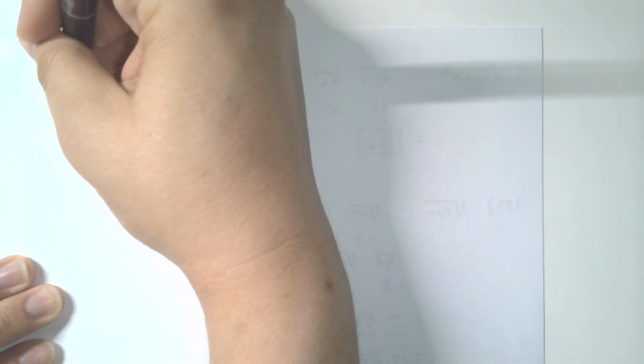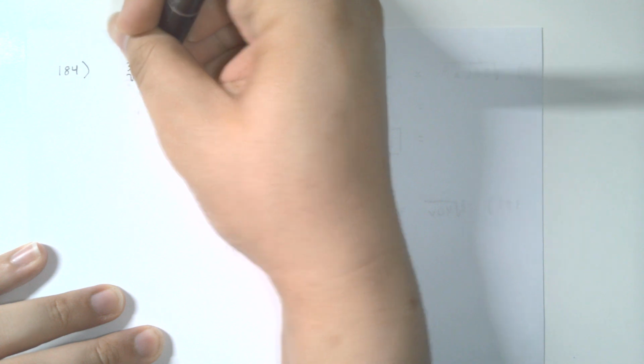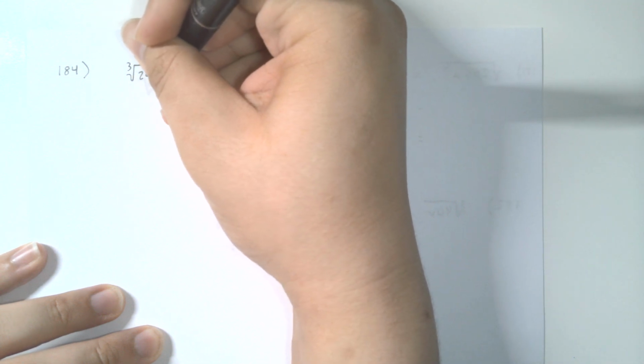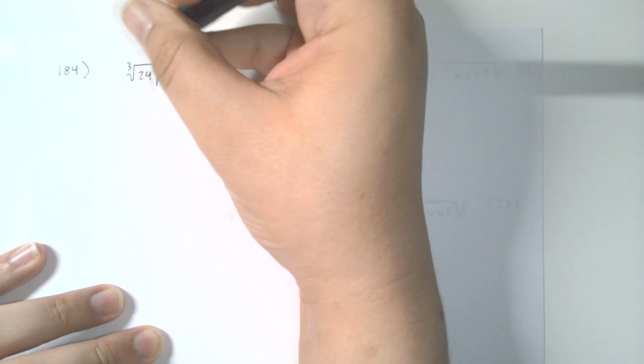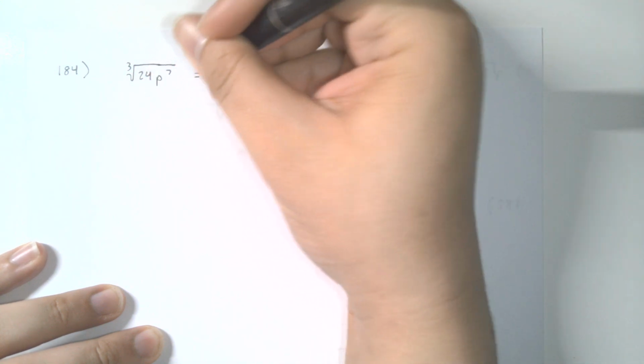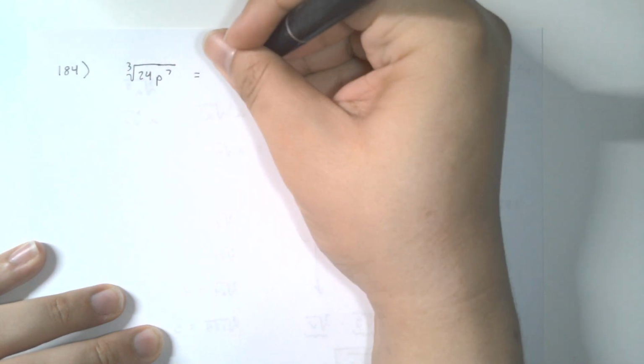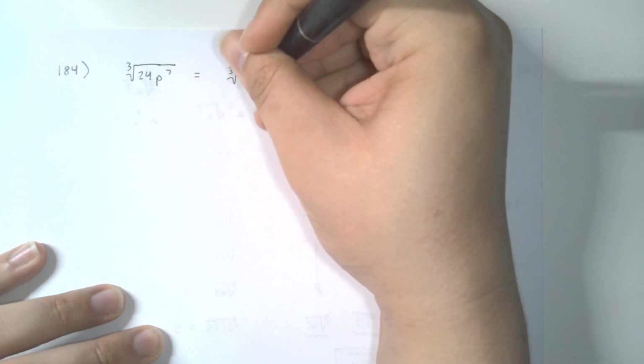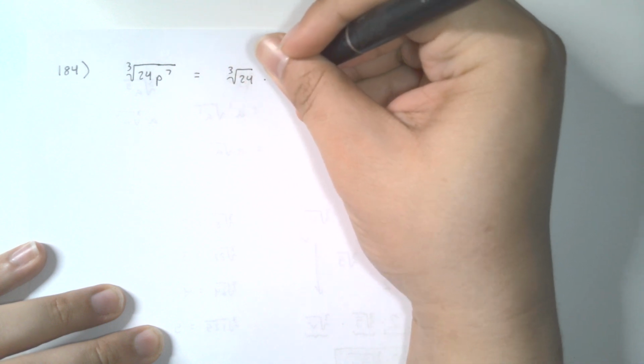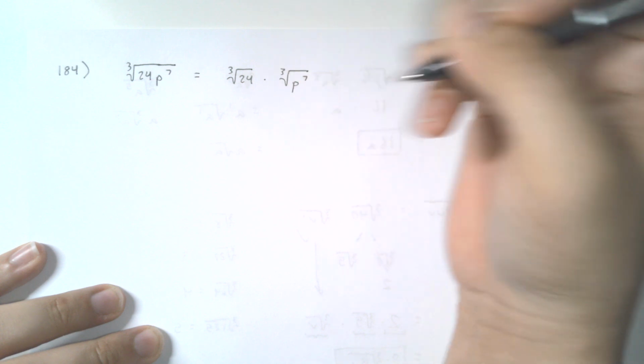Let's try out 184. So for 184, we have the cube root of 24 times p to the 7th. So first we separate this out. We have the cube root of 24 times the cube root of p to the 7th.